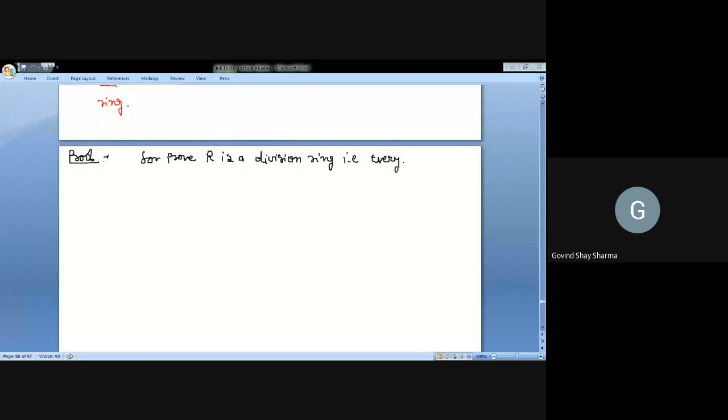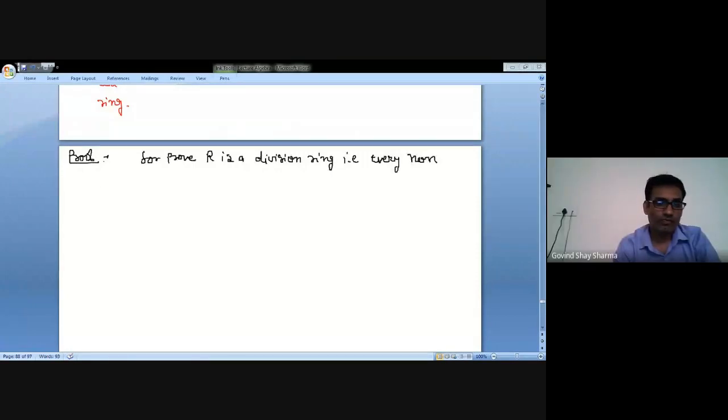For a division ring, that is, every non-zero element of R has a multiplicative inverse.